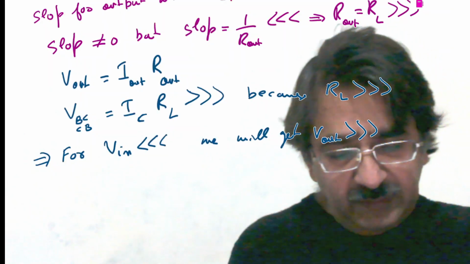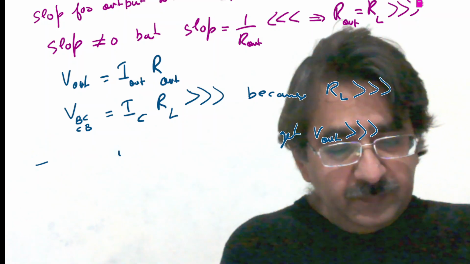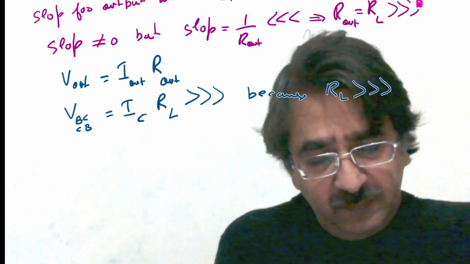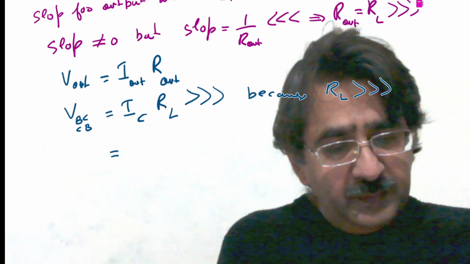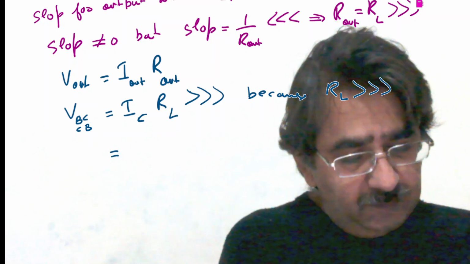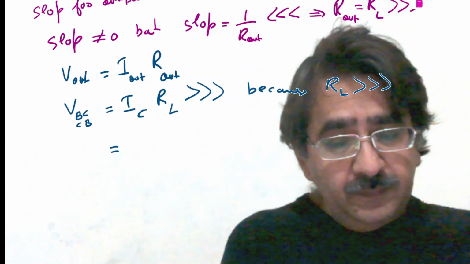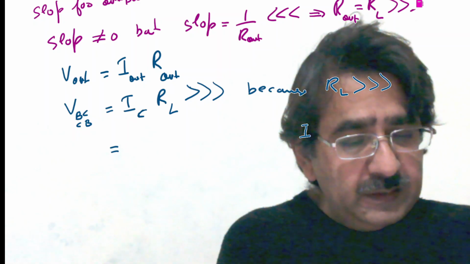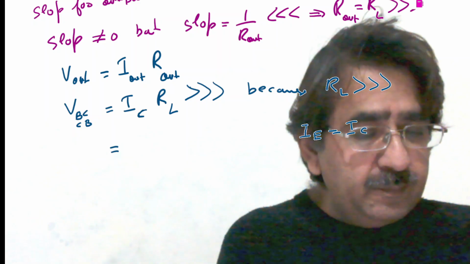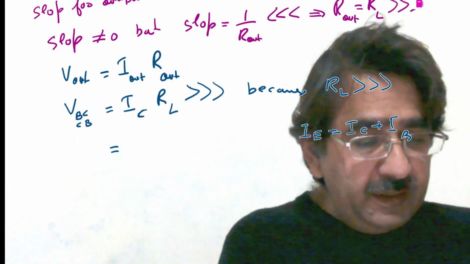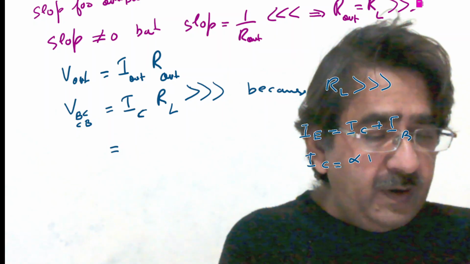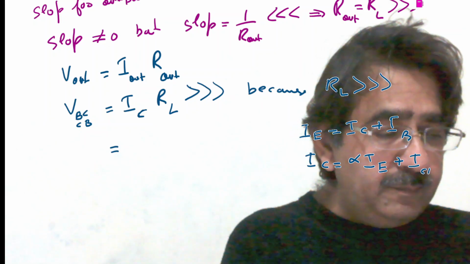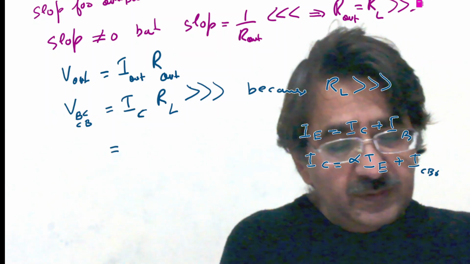One minute, please. Let me clear one thing. Here is IC, as we know that IE is equal to IC plus IB, and IC is equal to alpha IE plus ICBO. I have already explained this in the previous lecture.